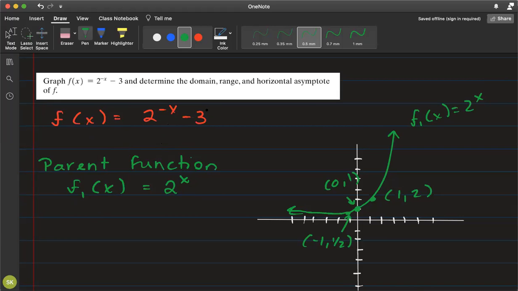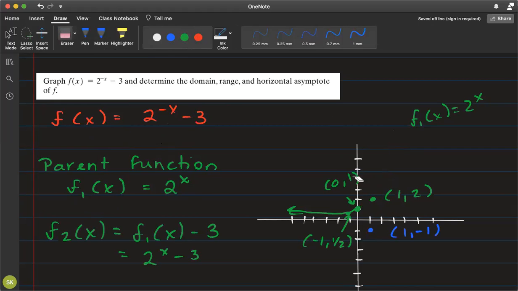One thing we could do is move it down 3. So we define a new function, f2 of x, which is f1 of x moved down 3 units. That will give us 2 to the x minus 3. So we just take this graph and move all those points down 3 units. This one will go down 1, 2, 3 to here. This is (1, -1).